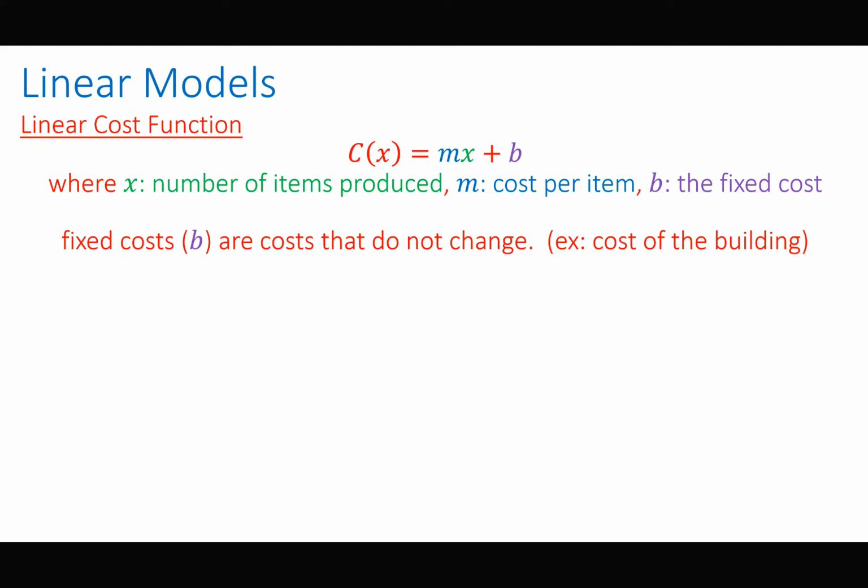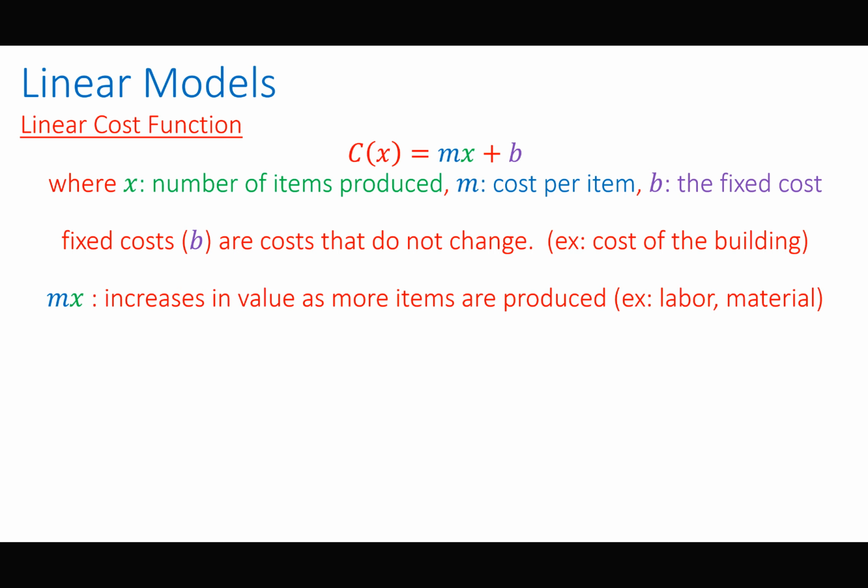So fixed costs, that B value, are costs that do not change. For example, like cost of a building. Okay, it doesn't matter if I make 2 units or if I make 2 million units, my building is going to cost me the same amount of money for that month or that day or that week, whatever we're looking at.